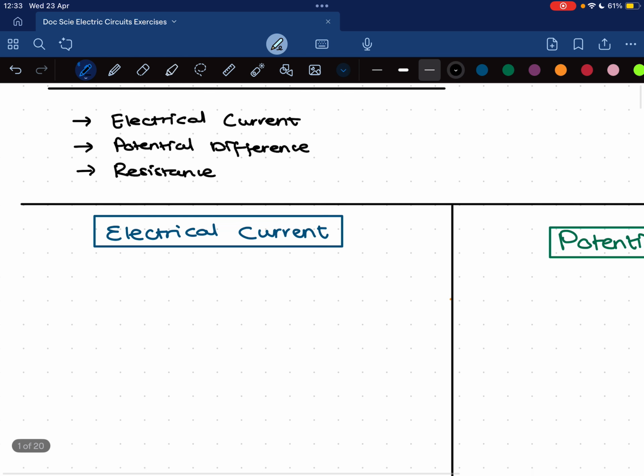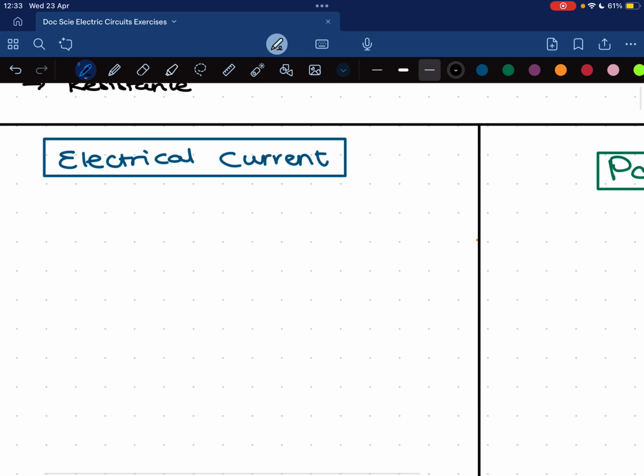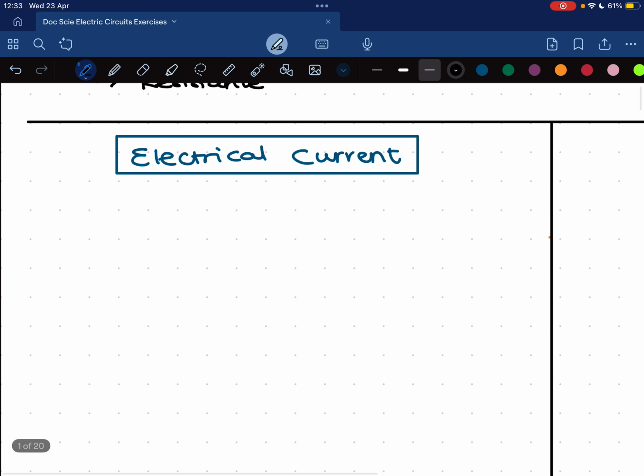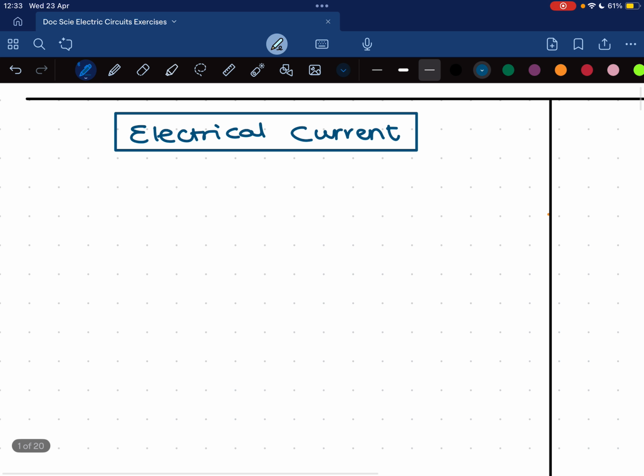So the first thing that we look at in our lesson today is electrical current. So if you can recall, when we discussed electrical current, electricity comes from this idea of electrical charge. Now, when we think about charge, we consider that there are two types of charge.